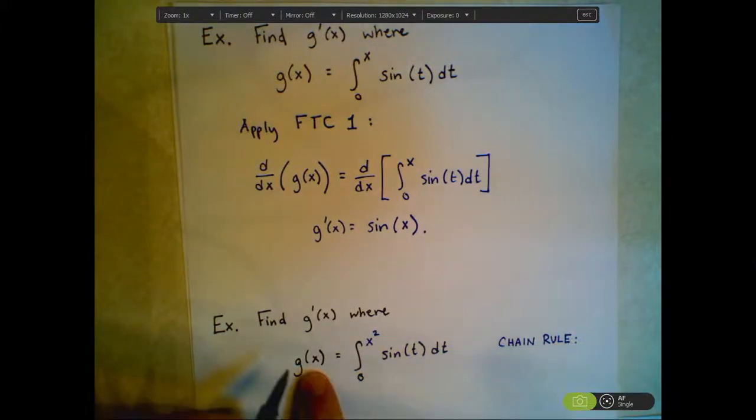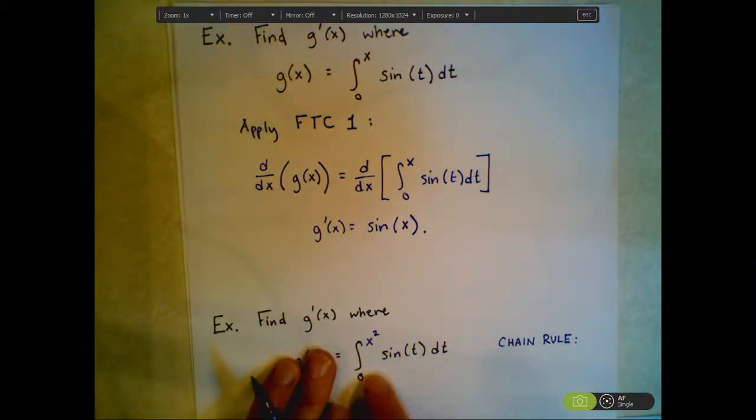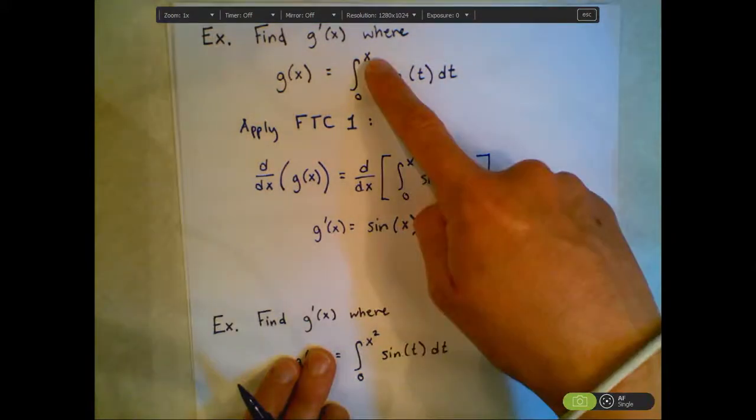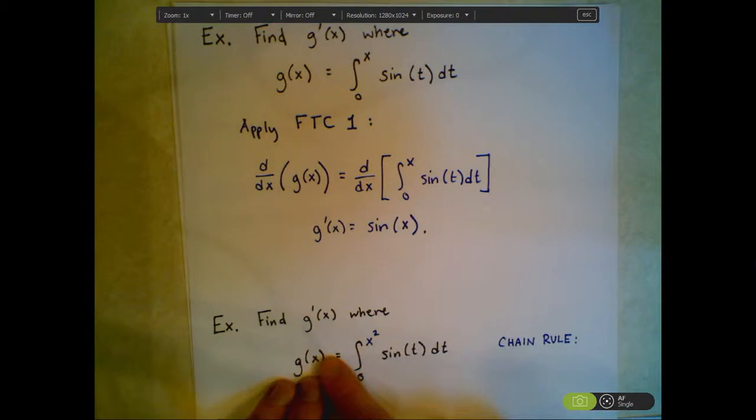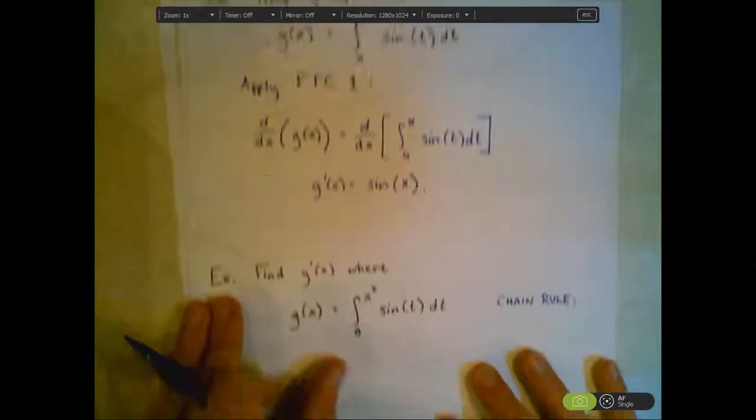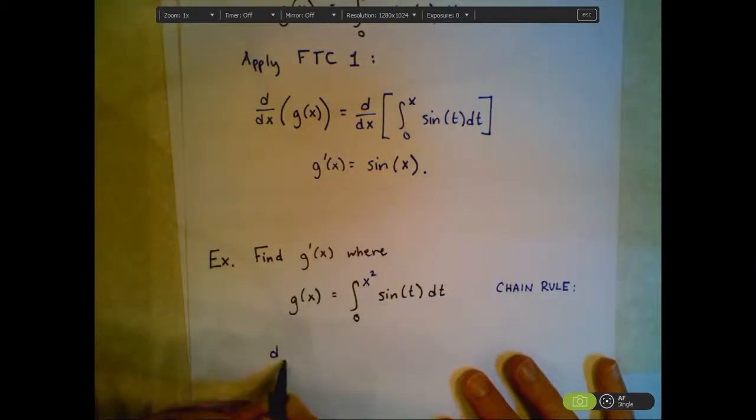This function looks a lot like this function. The only difference is, instead of having an x value, I'm plugging in an x squared value instead.